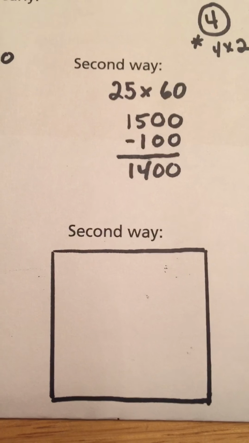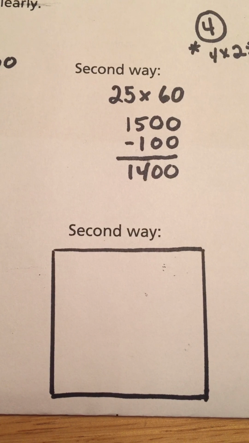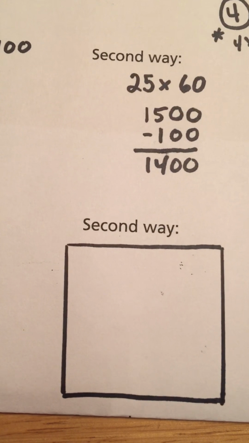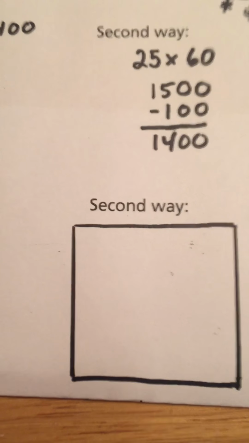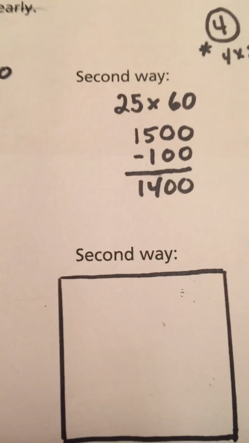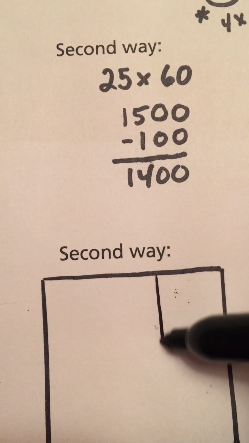Okay, the other strategy we're going to use here to solve this multiplication problem is we're going to set it up like a box or a cluster problem, okay, where we're going to split the numbers 85 and 94 up. Okay, so in order to do that, I'm going to just separate my box here.